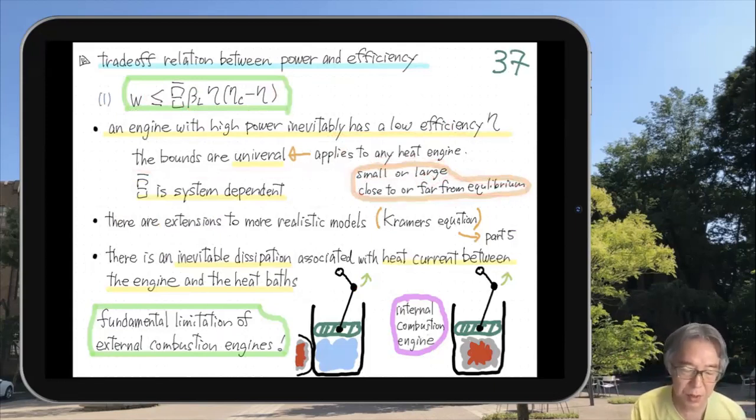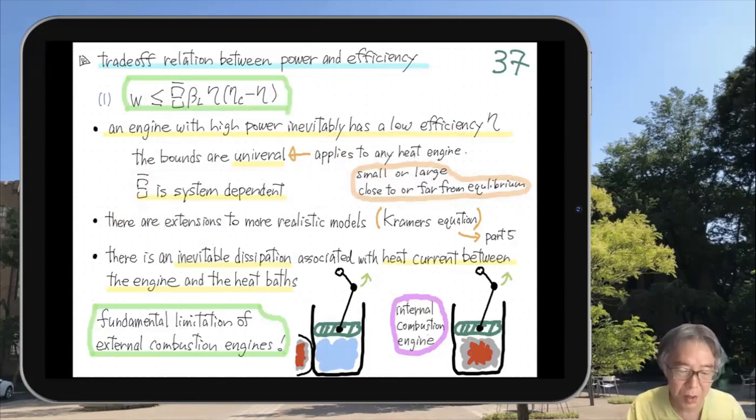But we have to stress that this constant psi bar is related to the activity of heat exchange between the system and the bath, and it's just system dependent. It depends on the design of your system. What is the material you use? How do you contact the heat engine and the bath, and so on?